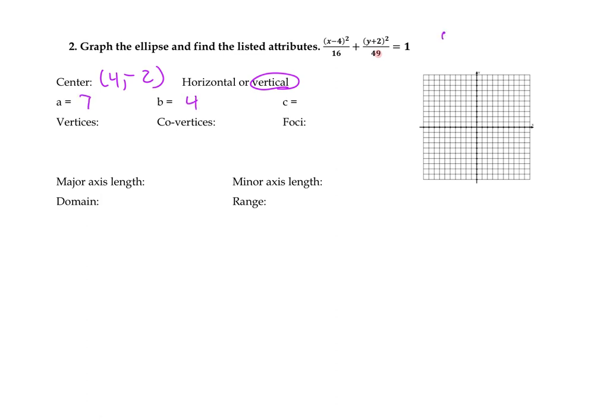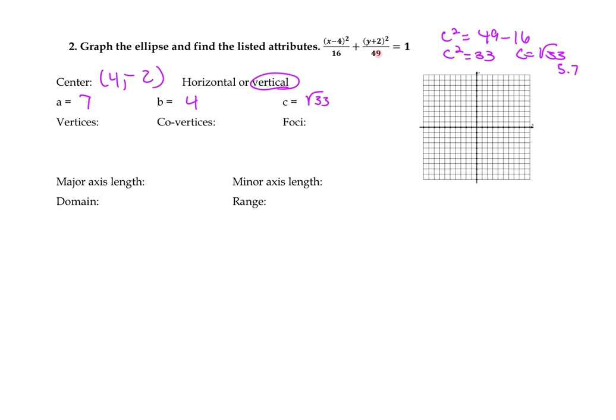So now I'm going to do C squared equals A squared minus B squared. So C squared is going to equal 33. So C equals the square root of 33. And just for graphing purposes, that's about 5.7. So square root 33 is what the C value is.